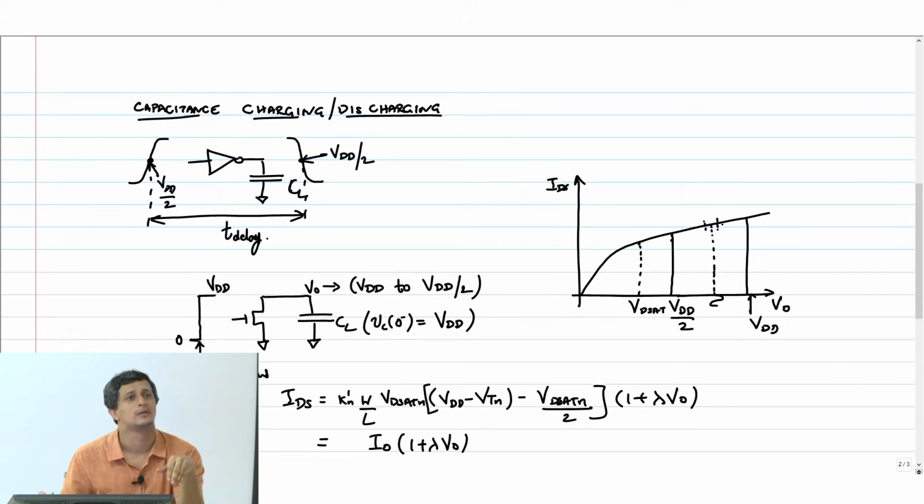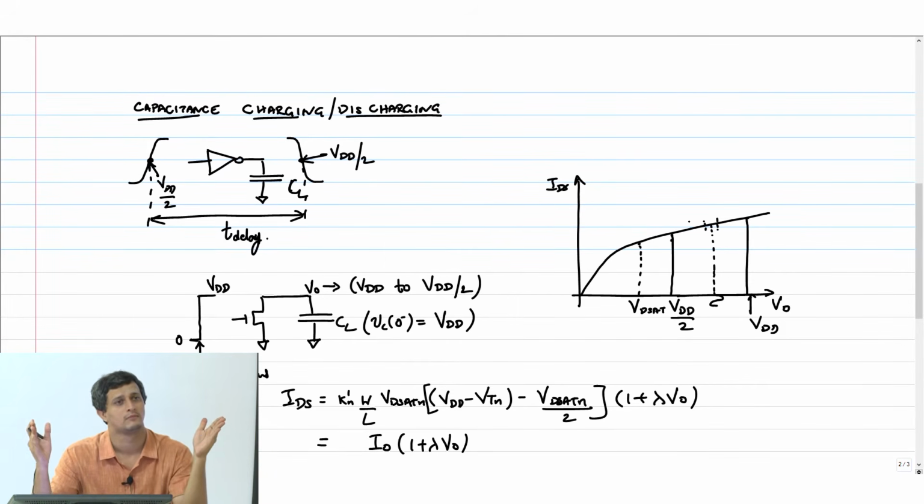When you do a Taylor series there, you take a derivative and then expand it in terms of the input variables. But here I am discharging it from VDD to VDD by 2. It's such a large range, right? So I cannot do that small signal analysis of taking a derivative here. I have to find some other way of finding the resistance, average resistance now, which is a function of V naught, right?